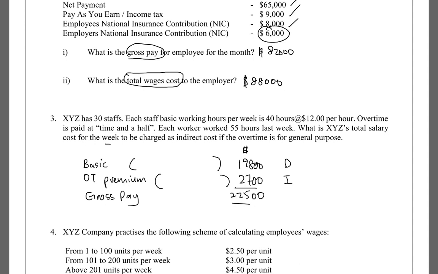Would there be a carried down, brought down balance on wages control? No, that shouldn't have any balance brought down.